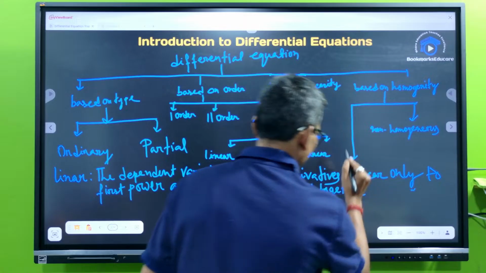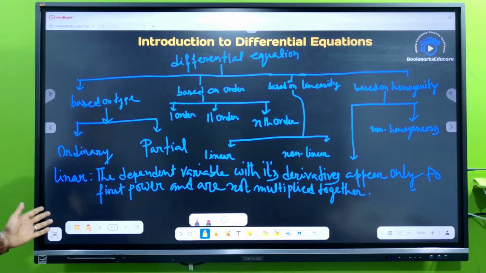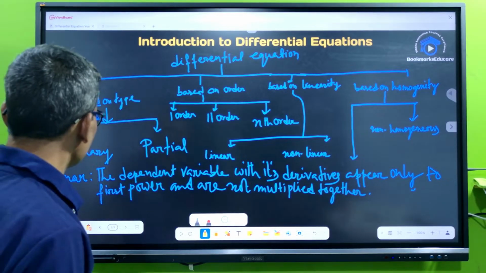So what is linear differential equation?